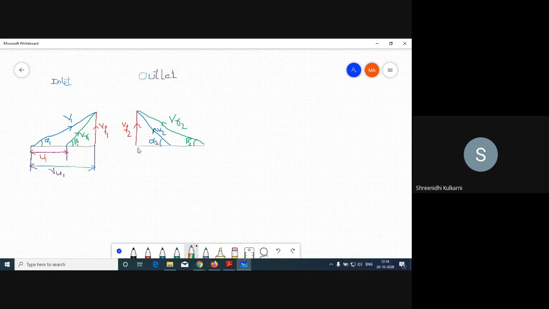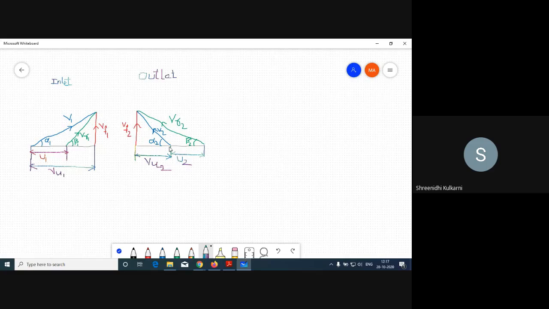Next, from here to here, from alpha to VF, we will get VU2. And from here up to here, from alpha to beta, it is U2. So this is the inlet velocity triangle and this is the outlet velocity triangle.